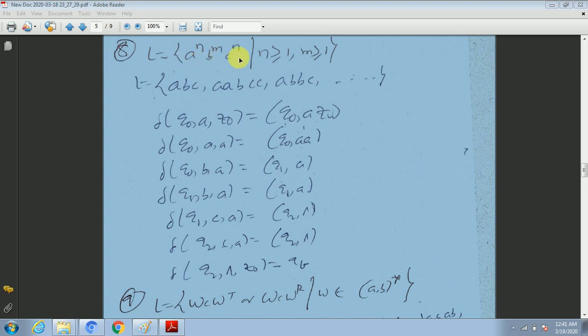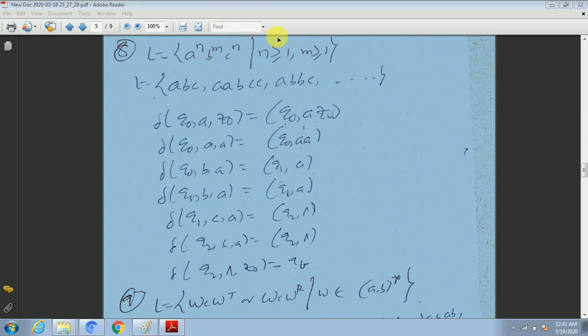B power m, C power n, such that n is greater than or equal to 1, m is greater than or equal to 1. What it means here: first condition, the number of A's is equal to the number of C's. The second condition is first A's, followed by B's, followed by C's.